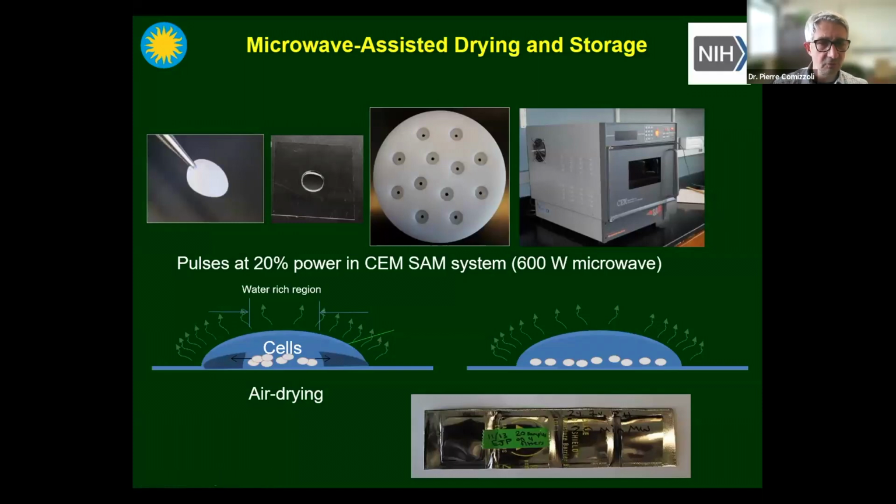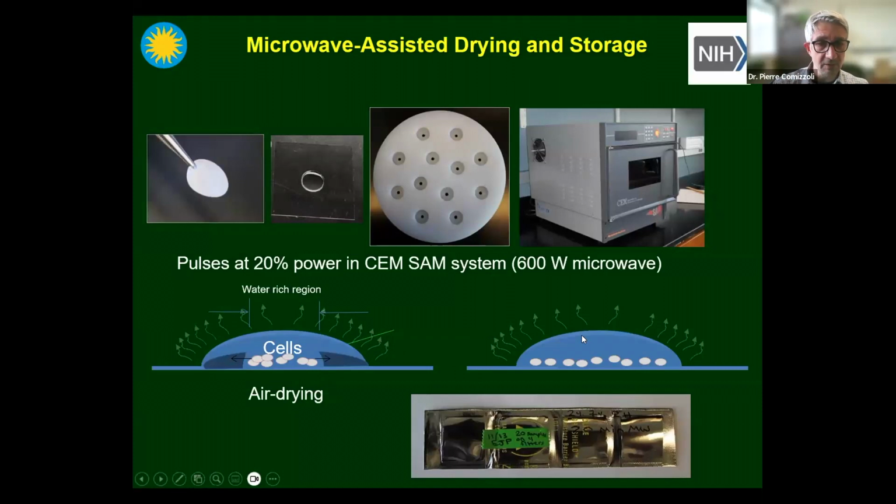Of course, you don't want to cook the samples. You just want to expose them to pulses of microwaves that are going to excite the water molecules, and then with the heat the water is going to leave the sample. But of course, you don't want your sample to go over a physiological temperature. So there is a program on this microwave that helps the samples stay within a physiological temperature while they are getting dehydrated.